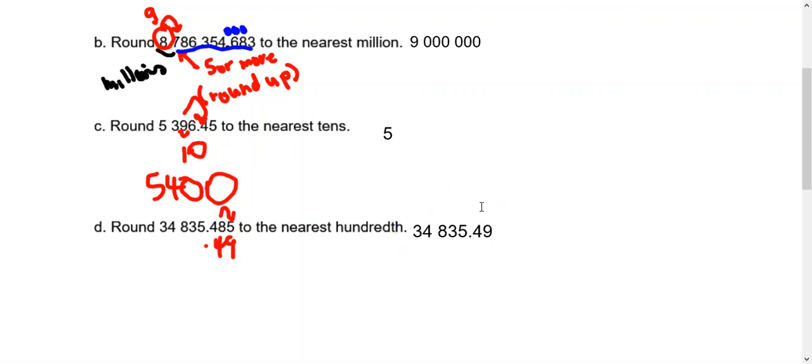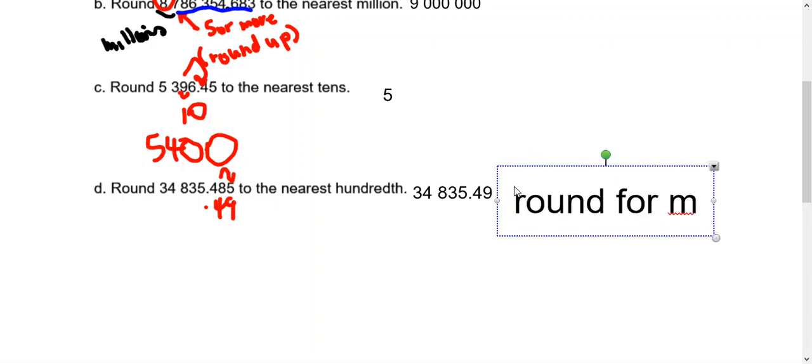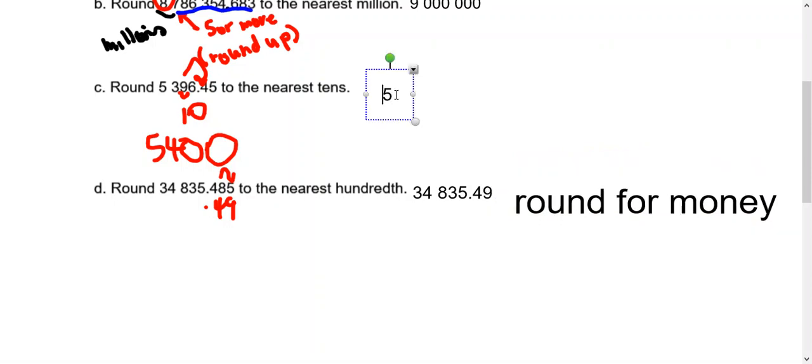And there's many applications to these. For example, this one, you could write this as money. Sometimes when we round money, we're going to be rounding to 2 decimal places. This other one is 5,400.